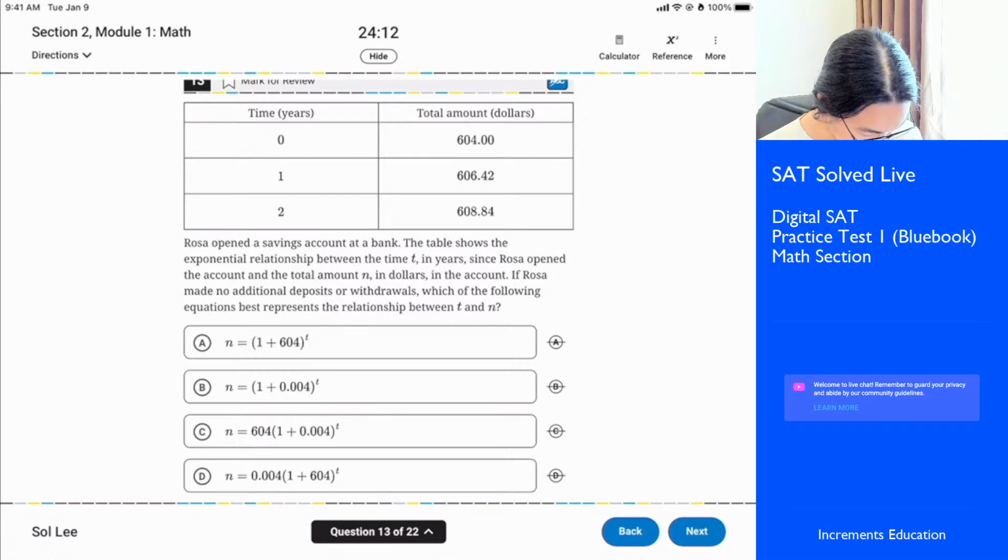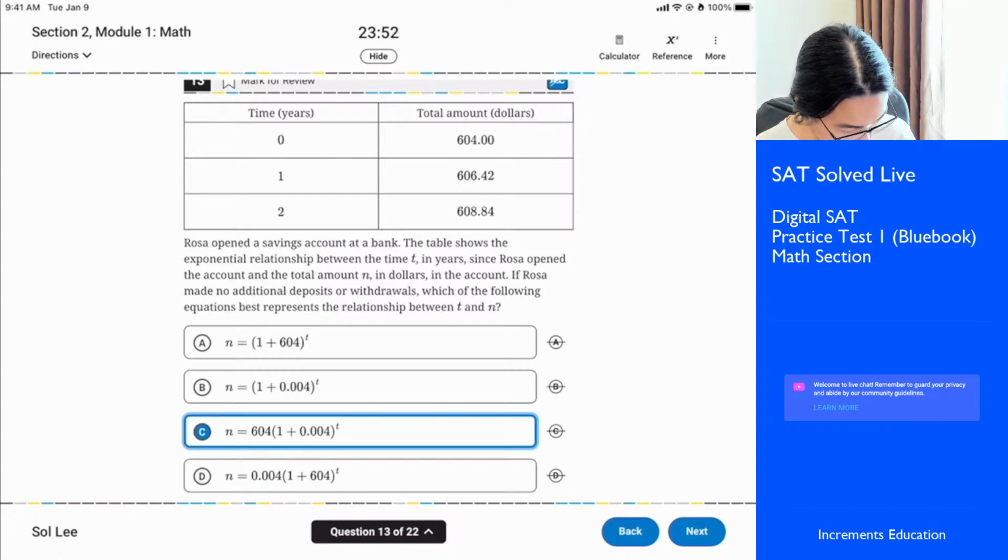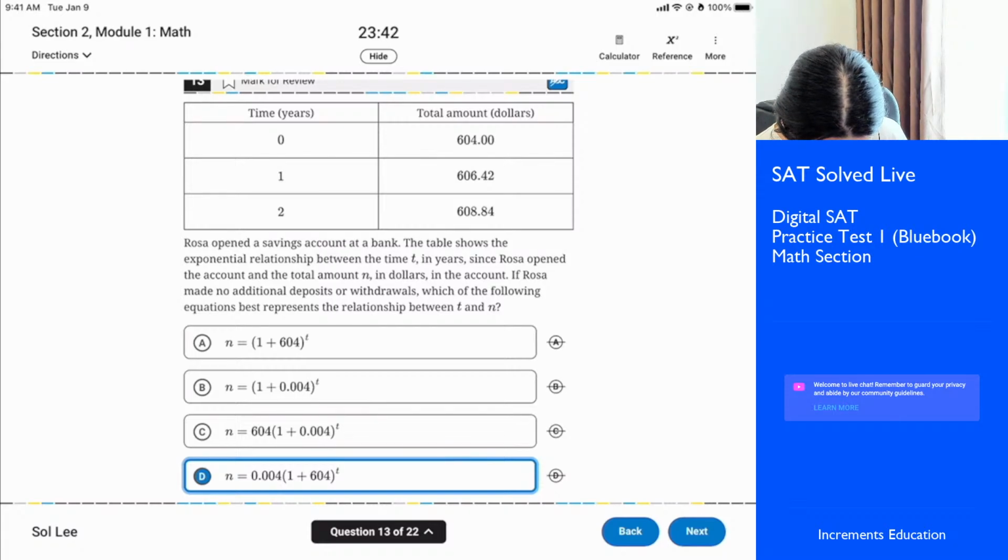What's the... We have to have a 600 as a base, or 604 as a base. So this one sounds correct if it's 0. No, that doesn't sound correct. Wait, if this is 0, then that doesn't sound correct.